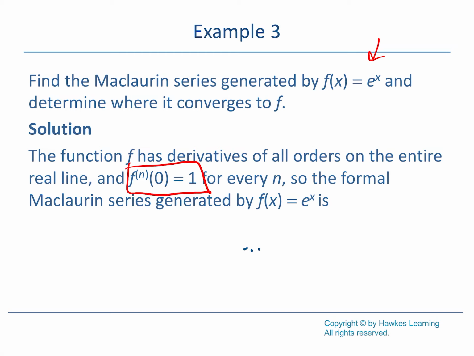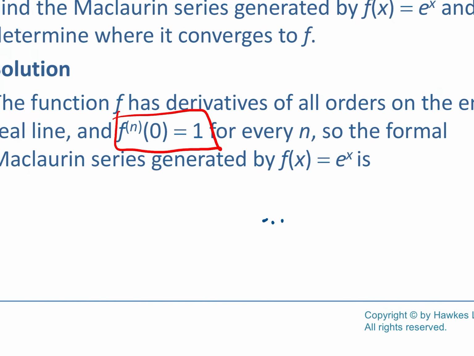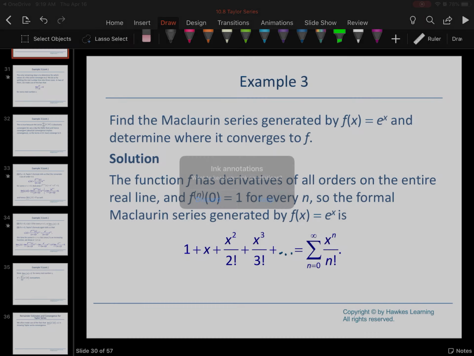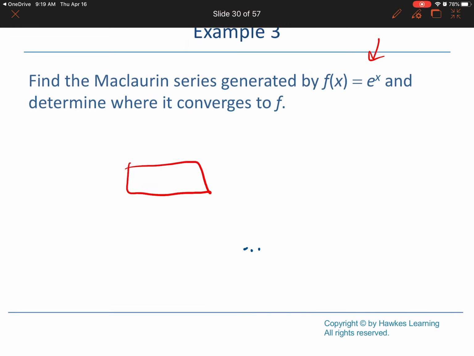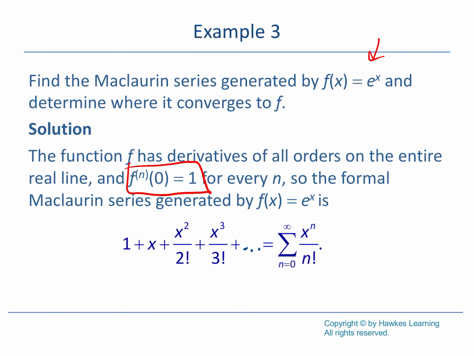So all of the coefficients on this polynomial are just 1 for the derivative, and we're dividing by the factorial. So this is very nice, very simple in terms of a Taylor polynomial.